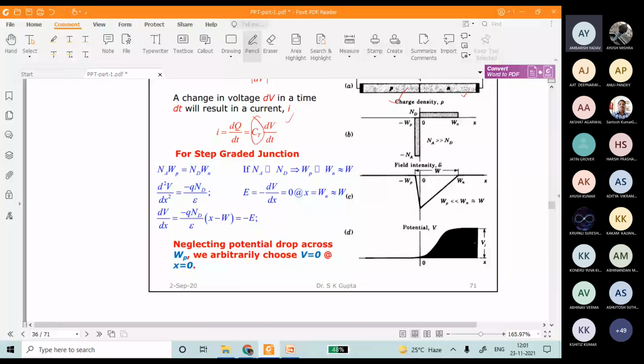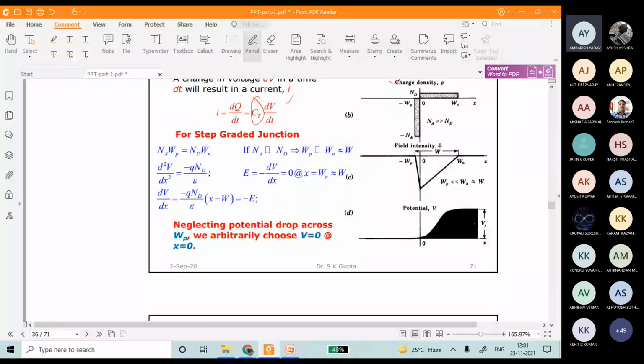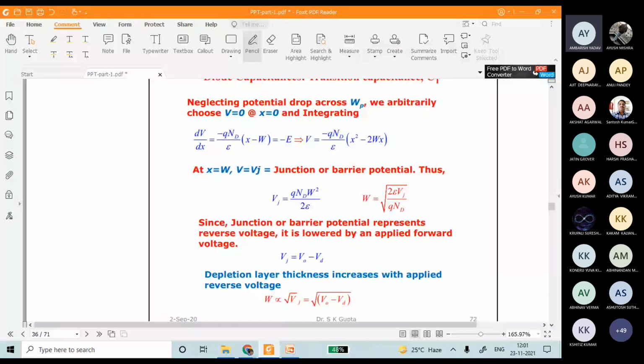And the depletion width also. So we take the help of the Poisson's equation here, and then with the help of some boundary conditions, we try to find out this potential V in terms of this depletion width here, and then we define this junction barrier potential like here.